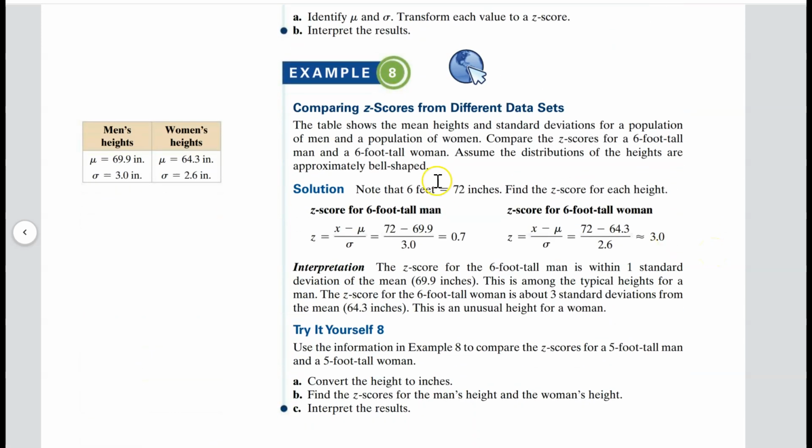All right, example 8, comparing z-scores from different data sets. Z-scores can allow you to compare data from differing data sets. So, for example, if you're in one statistics class and your friend is in another statistics class, and let's say you came out with a 92 on your first statistics test, and your friend came out with a 93.